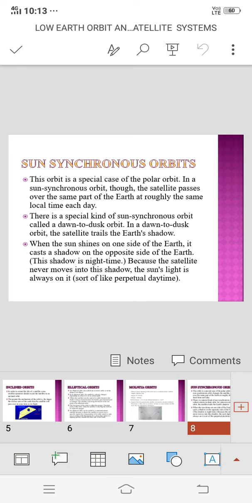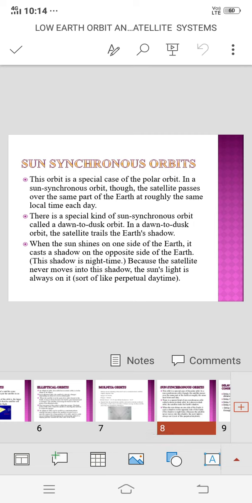In a dawn-to-dusk orbit, the satellite trails the Earth's shadow. When the sun shines on one side of Earth, it casts a shadow on the opposite side of Earth. The satellite never moves in the shadow. The sun is always on it.